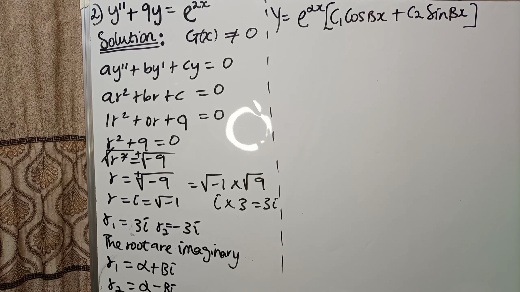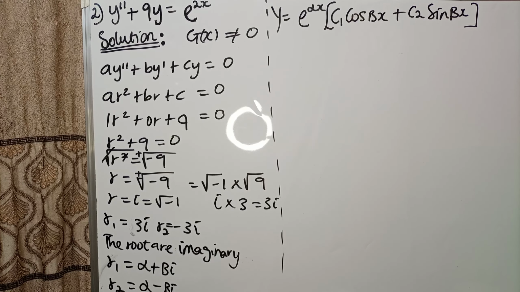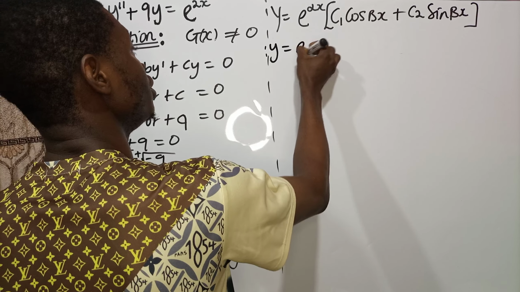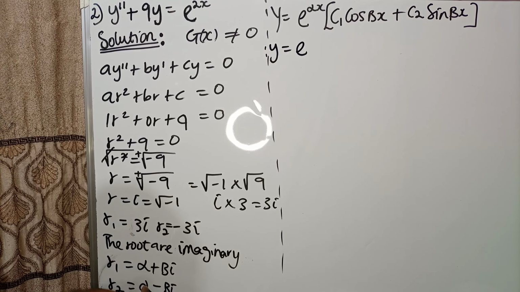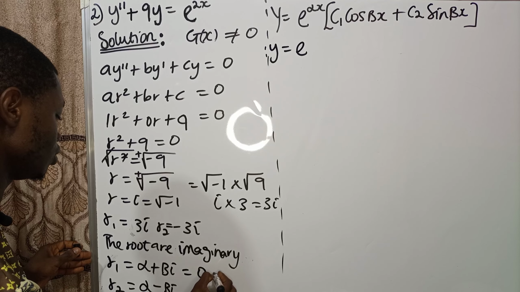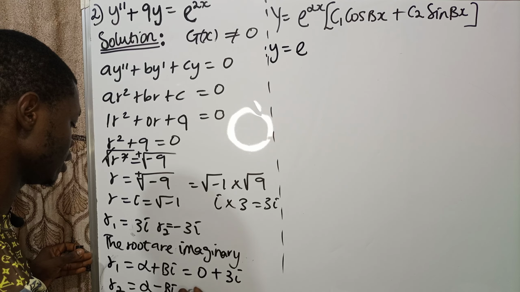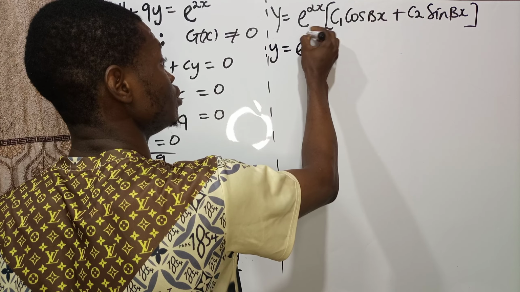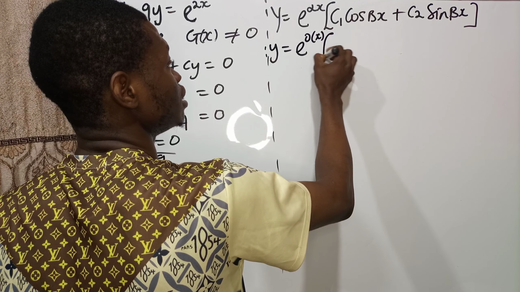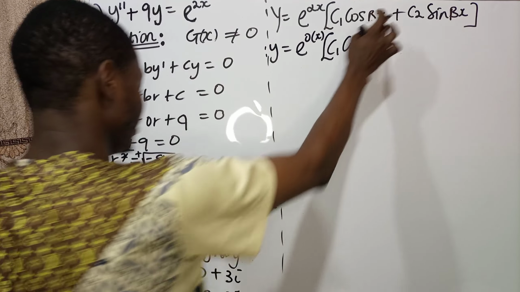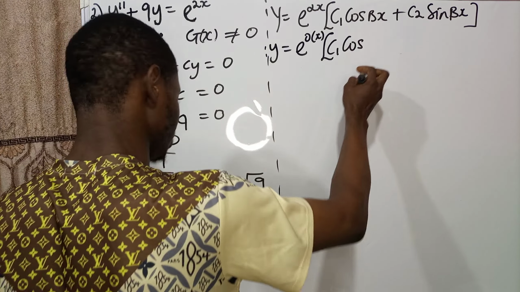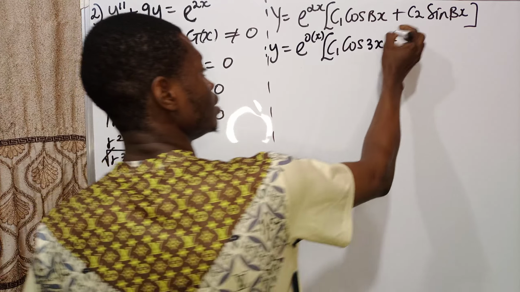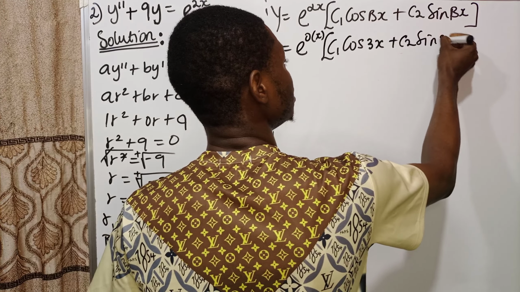Here, alpha is 0, since the roots are 0 plus 3i and 0 minus 3i. So we have e to the power 0 times x, then c1 cos. Beta x will be 3x, the positive one, remember, not the negative one, plus c2 sin 3x.